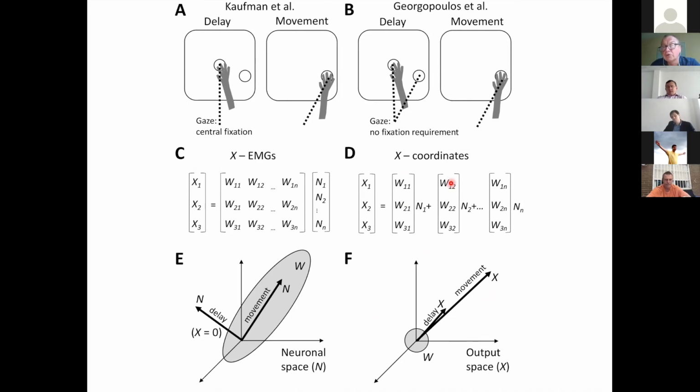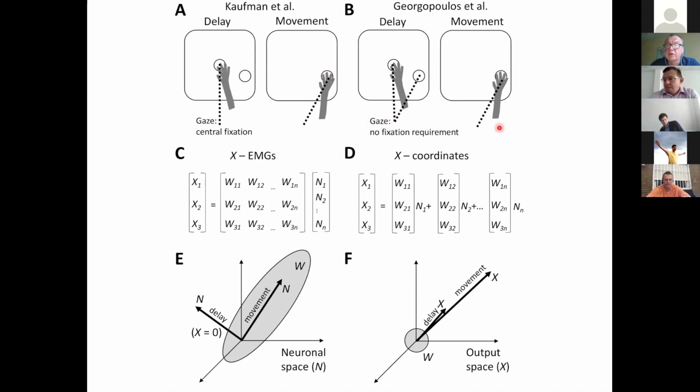So this made me look more closely at the experiment, and it appeared that in the Georgopoulos experiment, the monkey was free to look anywhere. So the monkey received an instruction and it could start to look at the target with its eyes immediately.